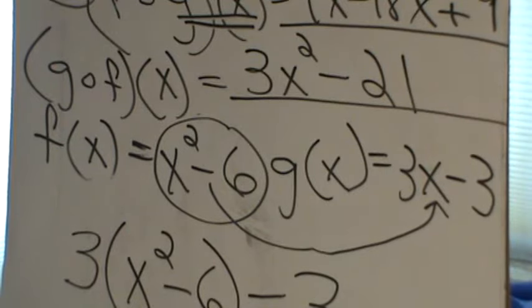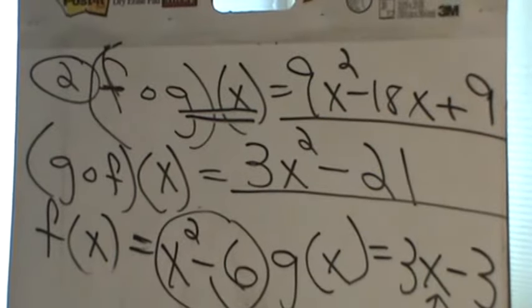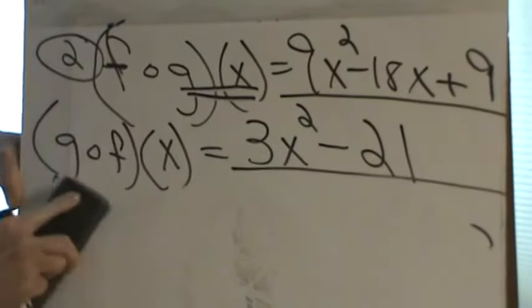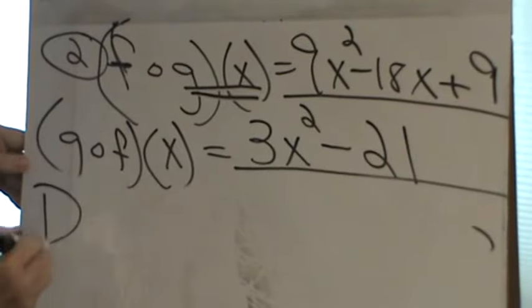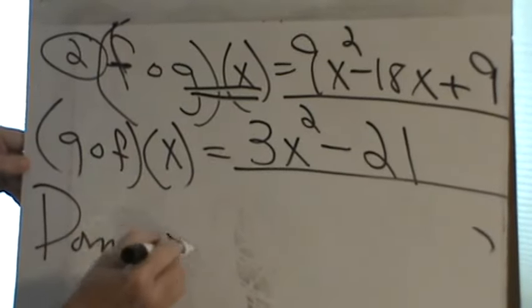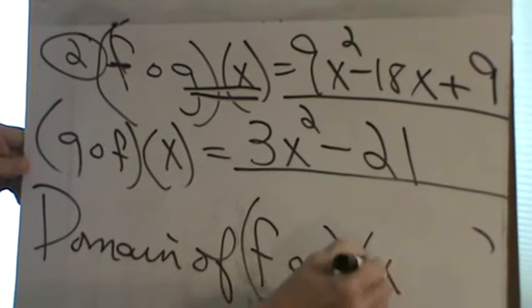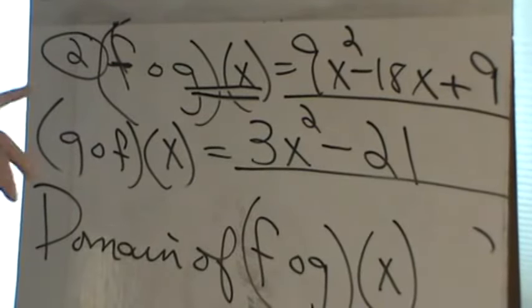Now, after you fill in those 2 blanks, number 2 also asks for the domain. It asks for the domain of the answers you got. Domain of f of g of x. What is its domain? Just look at your answer. Do you have a fraction? Do you have a radical?